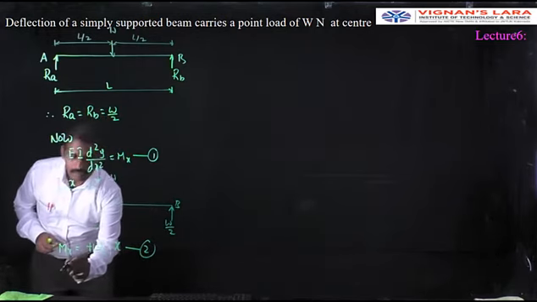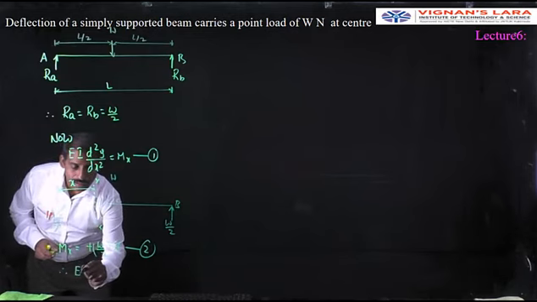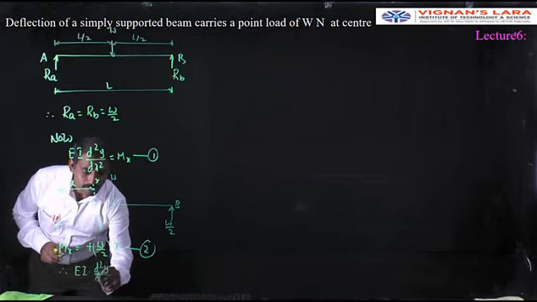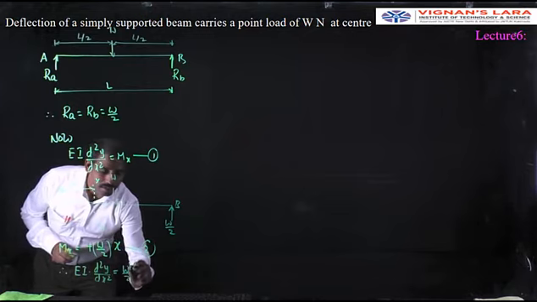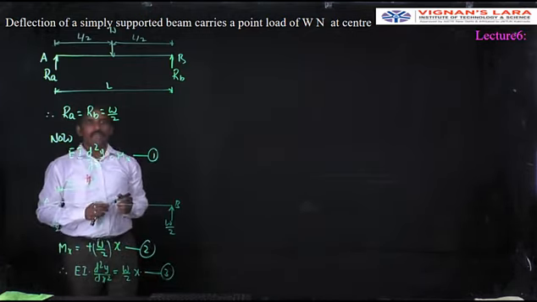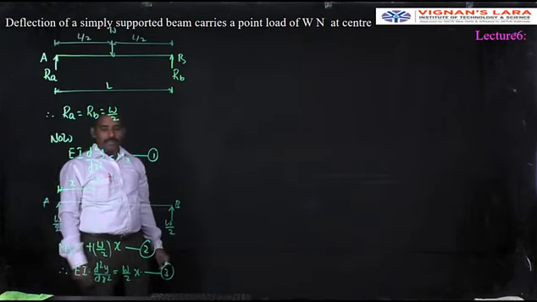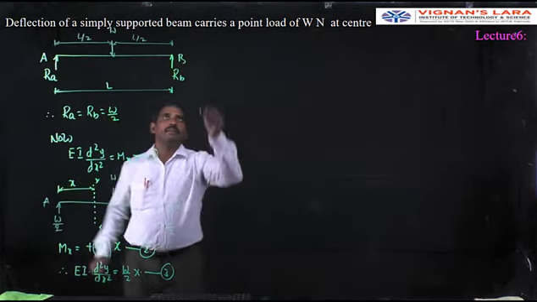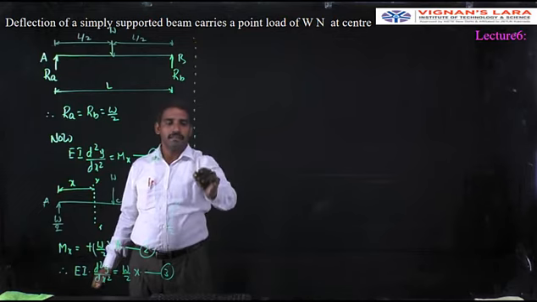Finally, the bending moment equation with the values: EI into d square y by dx square is equal to W by 2 into x. This is equation number 3. You can find out the slope and deflection at any position by integrating equation number 3 on either side. So, now let us integrate equation number 3.